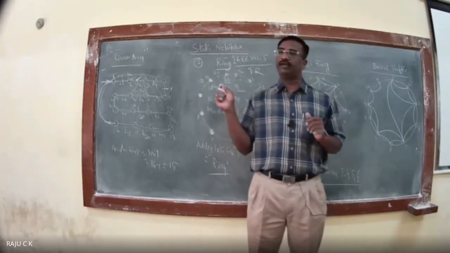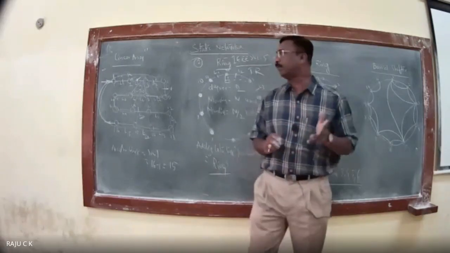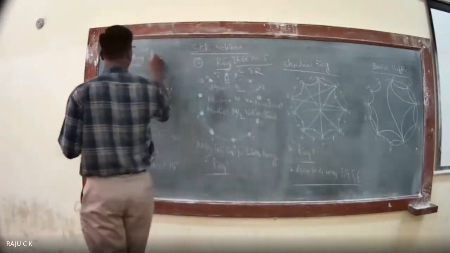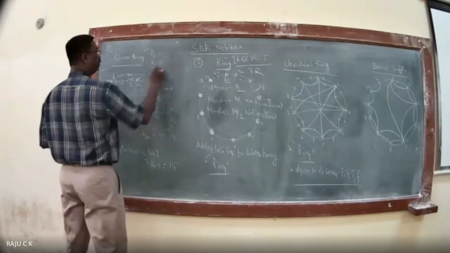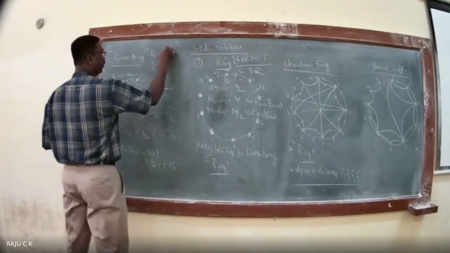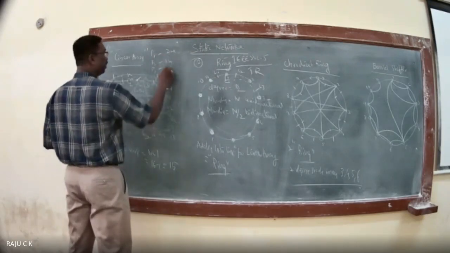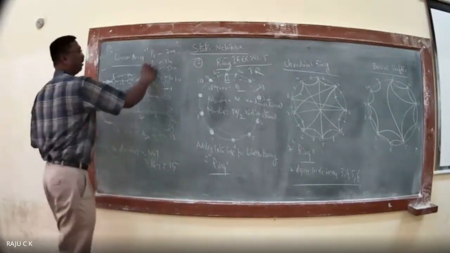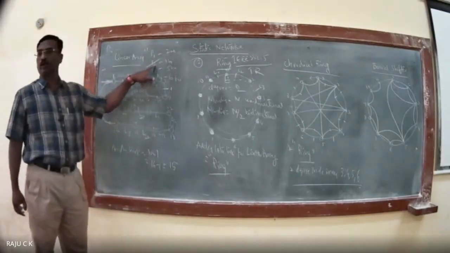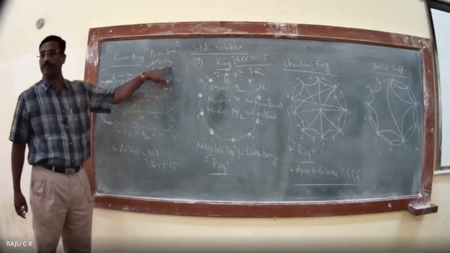Suppose P1, P2, P3, P4 exist. Assuming P1 is 2 hops, P2 is 1 hop, another is 5 hops, and another is 6 hops. Automatically, P2 gives the network diameter, since the number of hops is only 1. Immediately, what happens?